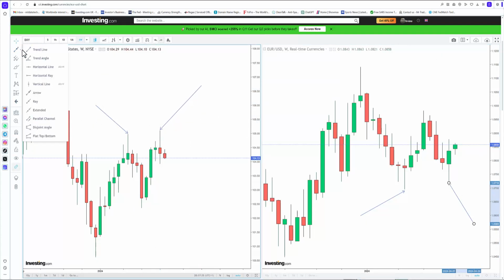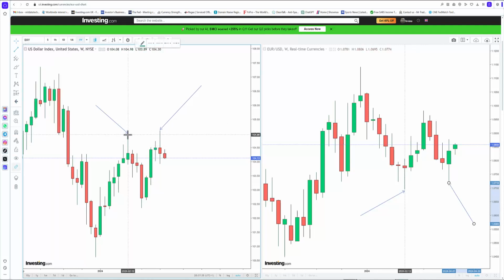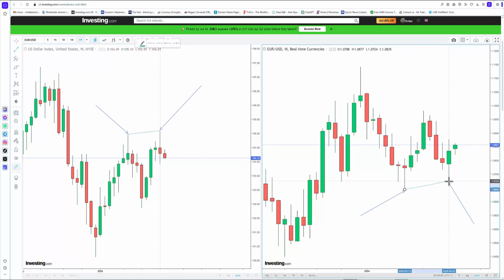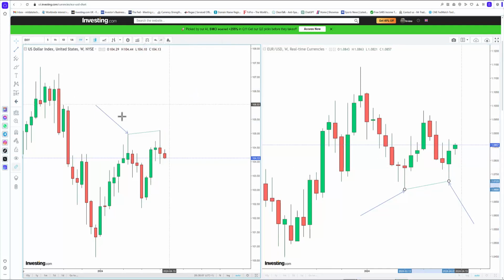So if I grab my trend line from this swing high on dollar index, you can see it corresponds with the swing low that I first marked on Euro USD. You can clearly see on dollar index we've got a new high, but if I go to Euro USD, you can see Euro USD has got a higher low. Euro USD has got a higher low. Okay, let me get rid of these two here.